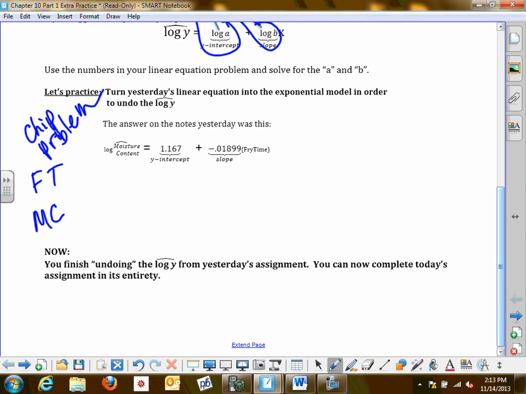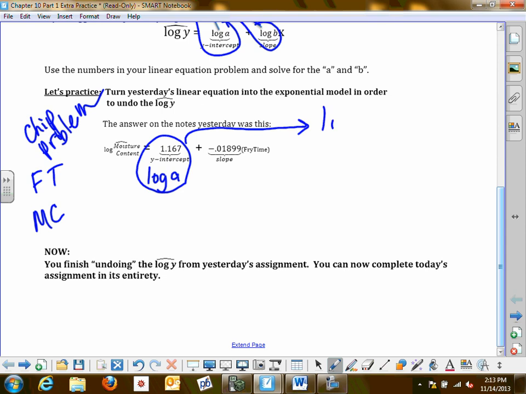Is it going to make sense for somebody to say, oh, the predicted log of moisture content? No. We want to predict the moisture content, so we need to undo this, and here's how we mathematically do that. The a value is going to be derived from this y-intercept value of that equation. I'm going to come over here and undo the log.